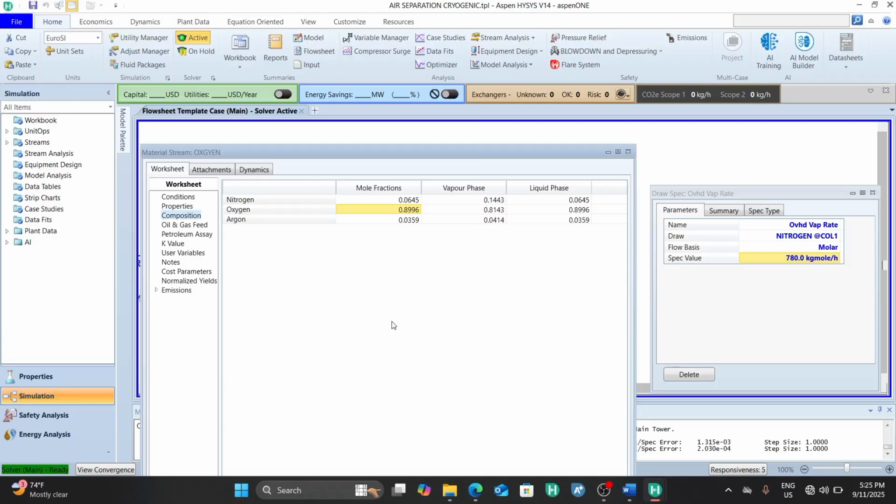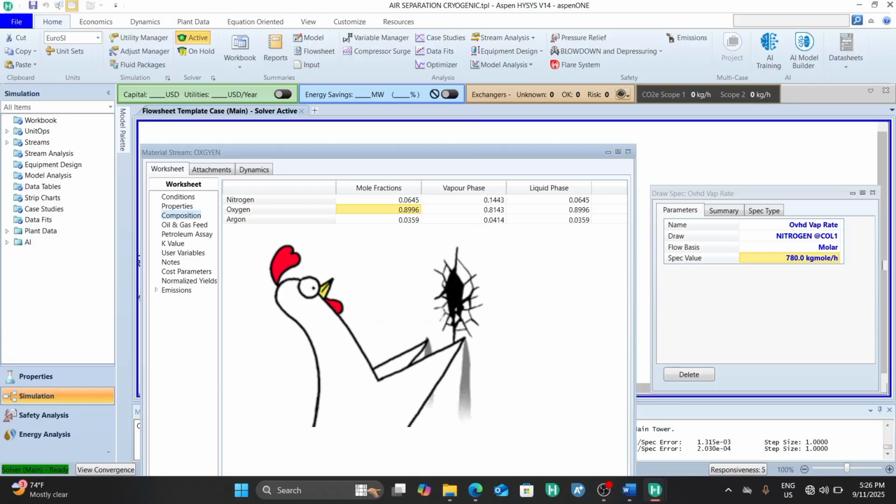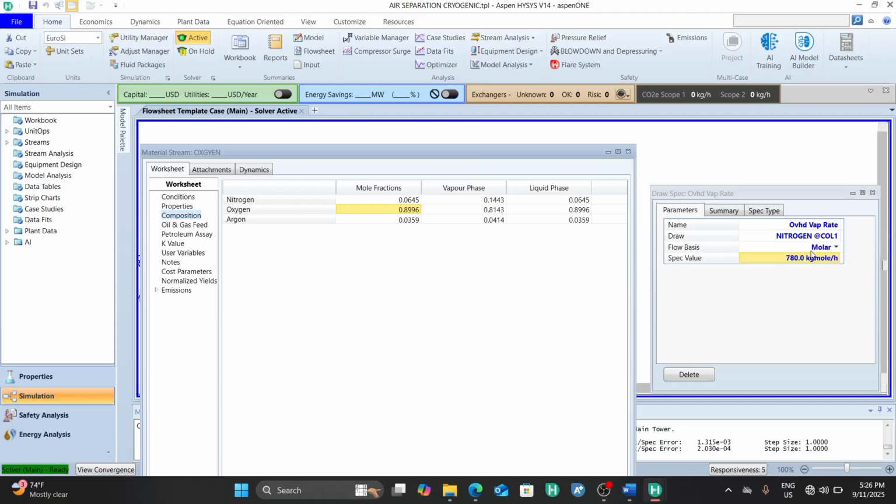So 197.9 all over 209 multiplied by 100 gives us 94.6. Oh, wow. Basically a tug of war between the two of them.